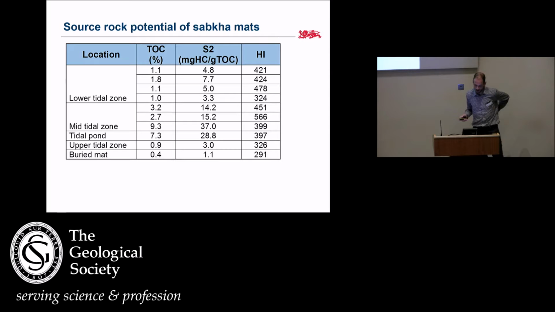If we then look at the source rock potential of these sabkha mats, so if we pretend they're going to be buried for a couple of million years and we're producing kerogen, what we did here is we heated them up to about 500 degrees, in a Rock-Eval. Again, total organic carbon, and then my kerogen peak, so the amount of carbon in there which can generate hydrocarbons, and my hydrogen index.